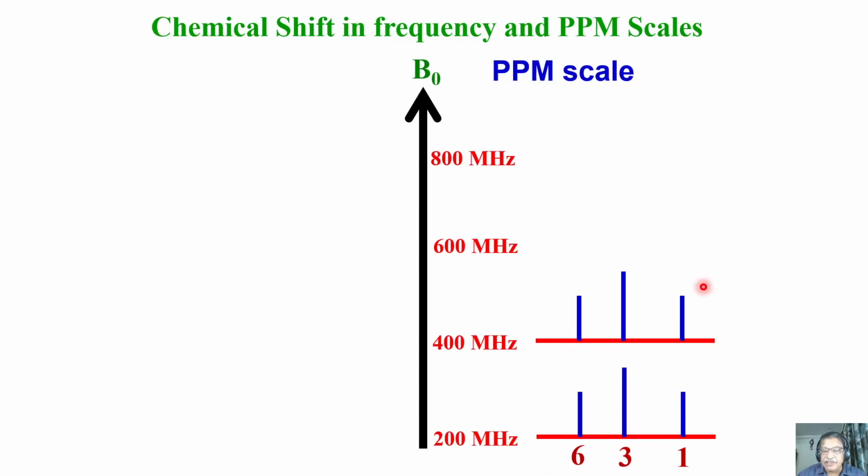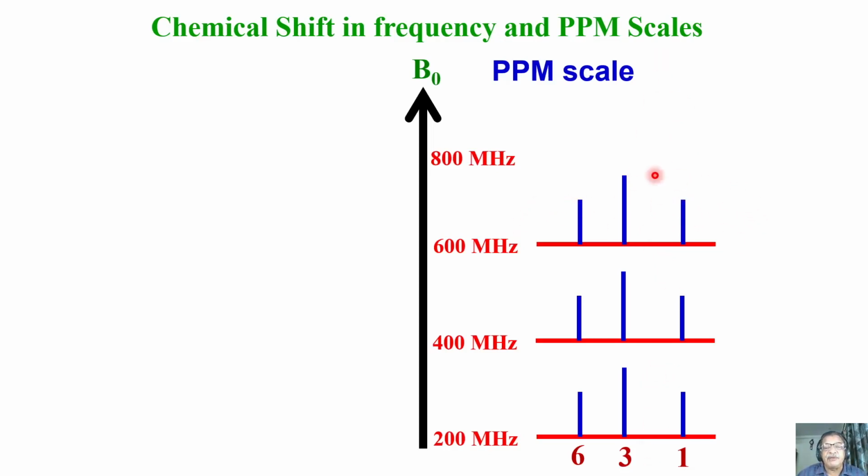The peak which is at 1 ppm at 200 remains the same at 400. The peak at 3 ppm remains the same at 400 megahertz. Similarly, the peak at 6 ppm remains the same at 400 megahertz. Go further, at 600 megahertz, a higher frequency, that is a better spectrometer. See, when I plot in the ppm scale, it is not changing at all.